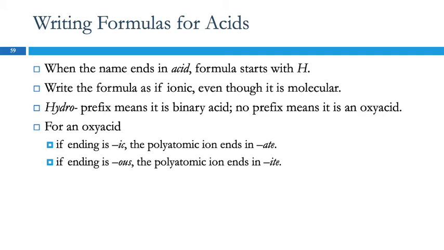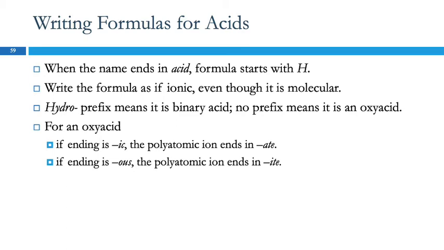Okay, so those were the oxyacids. So writing formulas for acids, this is kind of, I shouldn't even say this, but if the name ends in acid, it's an acid, right? And so we know the first element is H. We're going to write the formula as if it was ionic, even though it isn't. It's molecular.